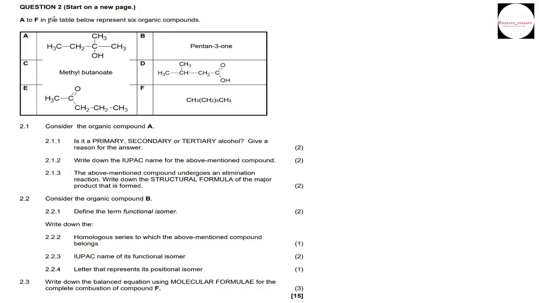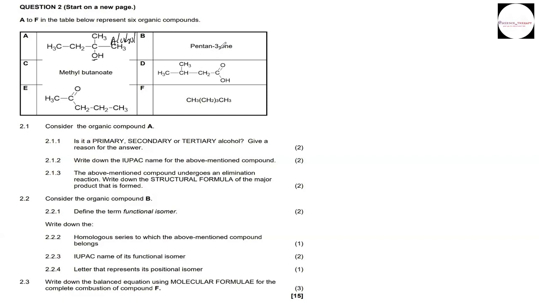Okay, so we have question 2. It says A to F in the table below represents 6 organic compounds. Now we know the strategy is that we will try to identify the homologous series to which each and every organic compound here belongs. Starting with A, we can see the OH, so we know that this belongs in the alcohol homologous series.